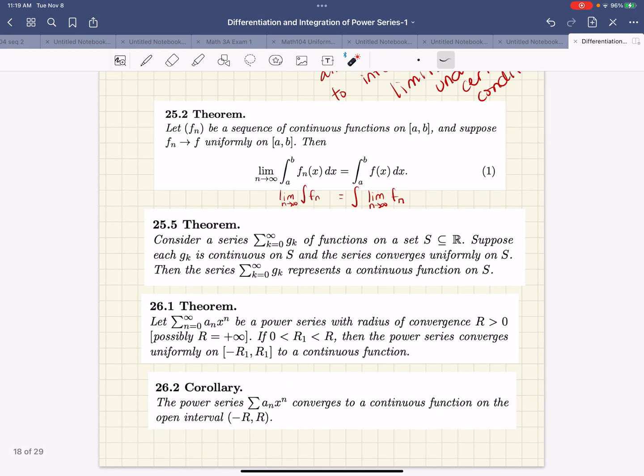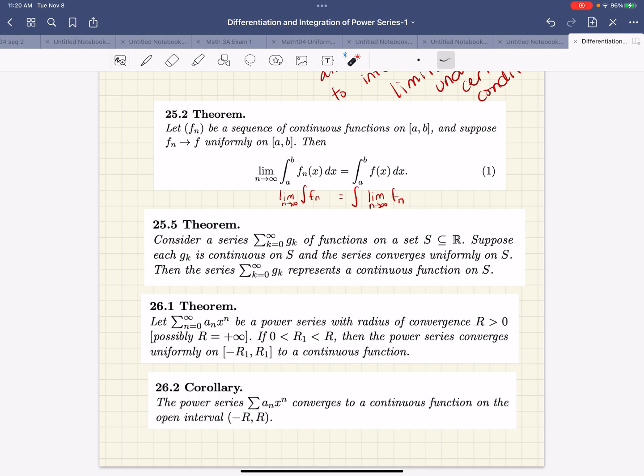Okay? And then the last result here says essentially that your series might not be uniformly convergent on its domain, but it will certainly converge to a continuous function. So even if it doesn't converge uniformly to the continuous function, it might converge pointwise, but that's okay. The pointwise limit will still be a continuous function.